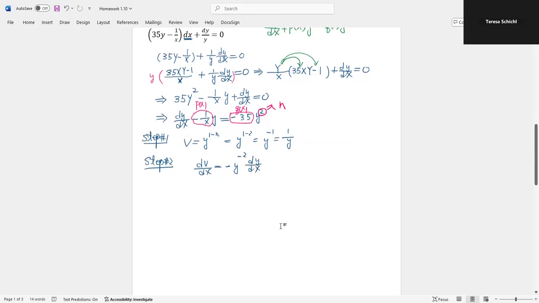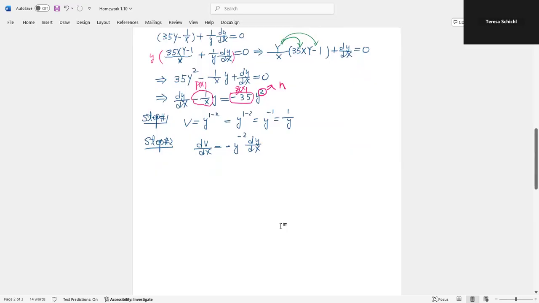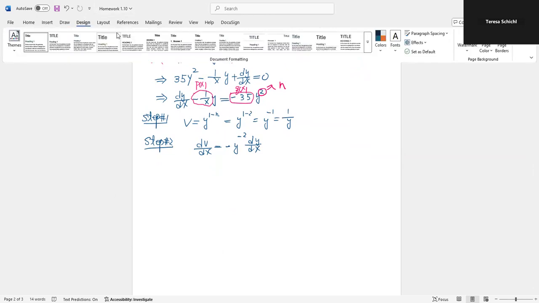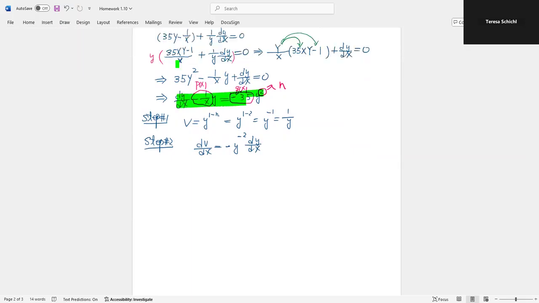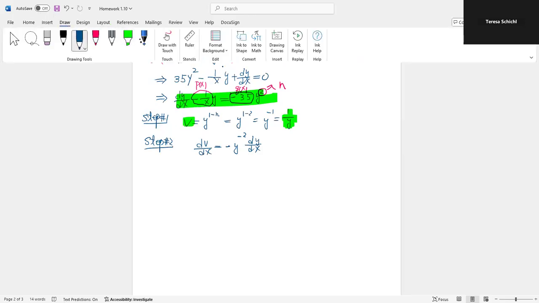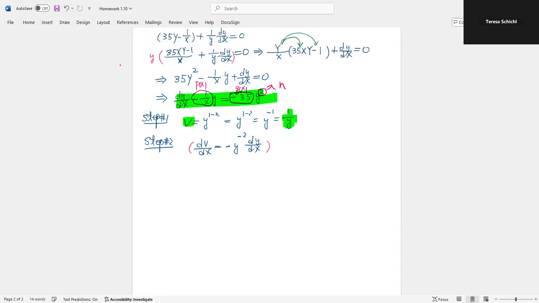Okay, so what is the next one? We want to single out the dy dx, right? So I want dy dx by itself, and then I can substitute into this equation. So let me highlight this equation. This is our first equation here. So I can just multiply by negative y squared on both sides.